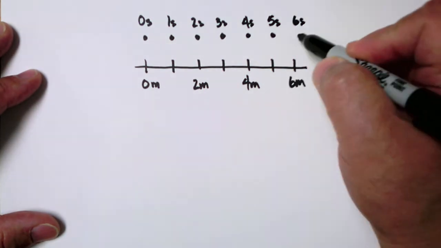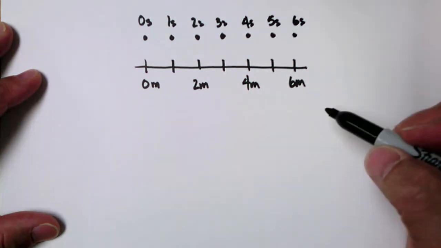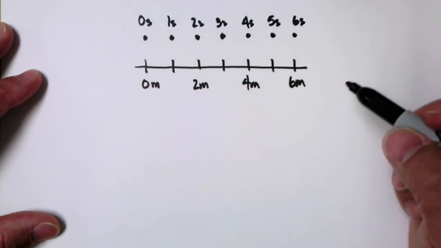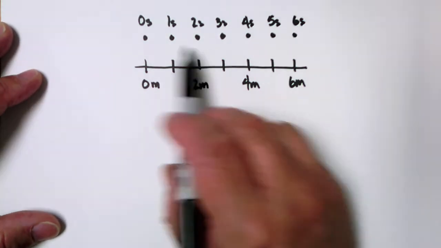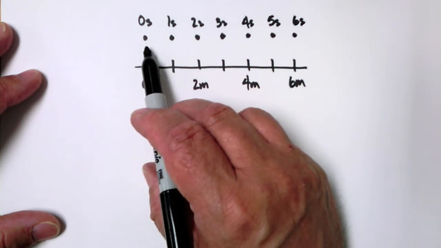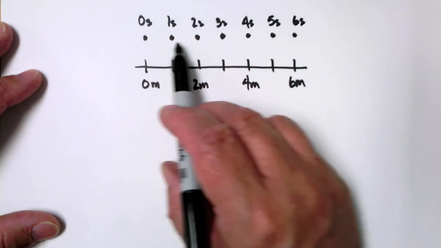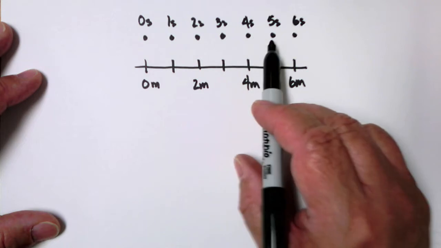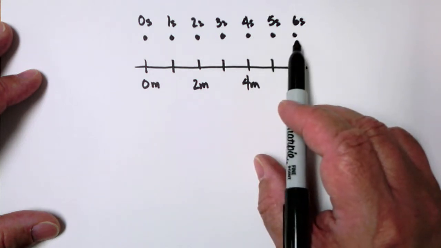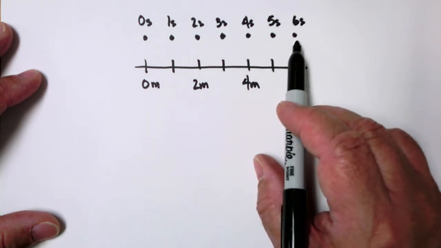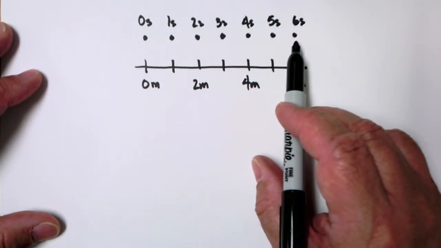And after 6 seconds, we've reached 6 meters. And that's where we're going to stop our recordings. We have now a time and position for 7 different instances describing our motion. From this, we can determine other factors which we'll be covering in future lessons.